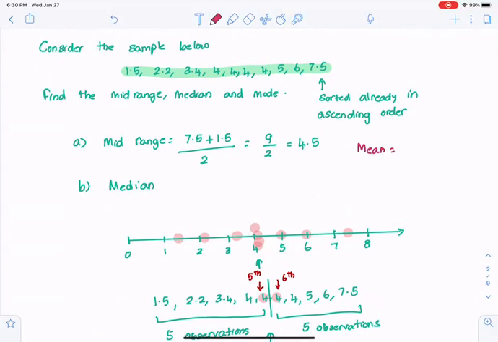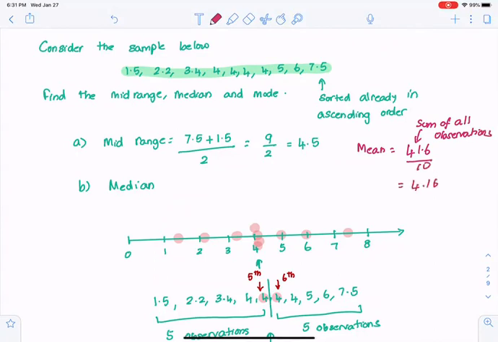So 1.5 plus 2.2, 3.7 plus 3.4 is 7.1. 7.1 plus 16, 23.1 plus 5, 28.1 plus 6, 34.1 plus 7.5, 41.6. So 41.6, that is the sum of all observations. And we divide that by 10, we end up getting 4.16.